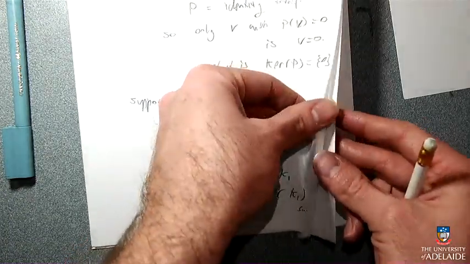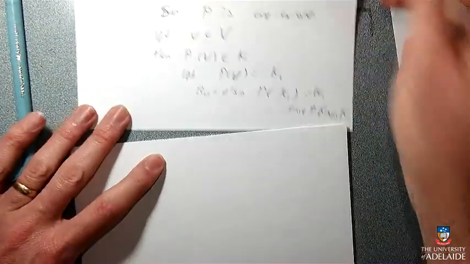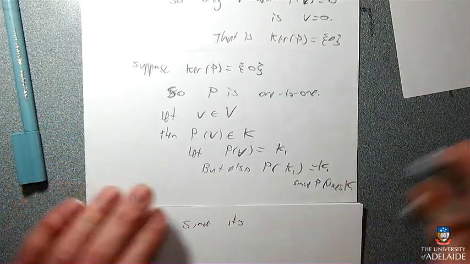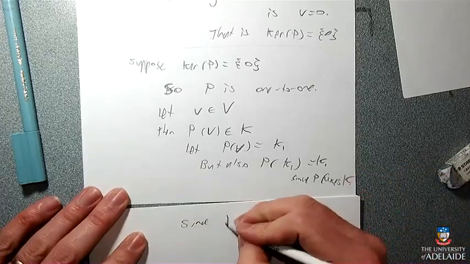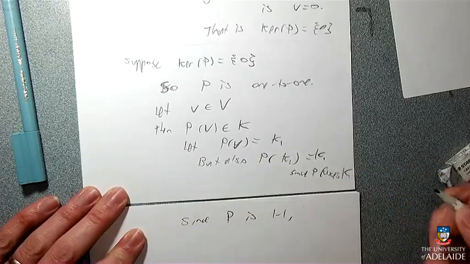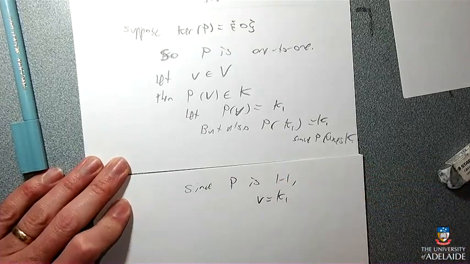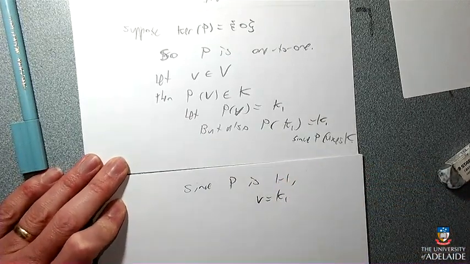Yep. So since P is one-to-one, that means that V must be equal to K1.